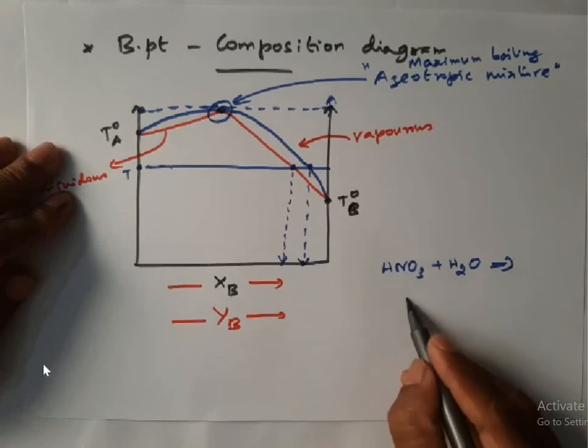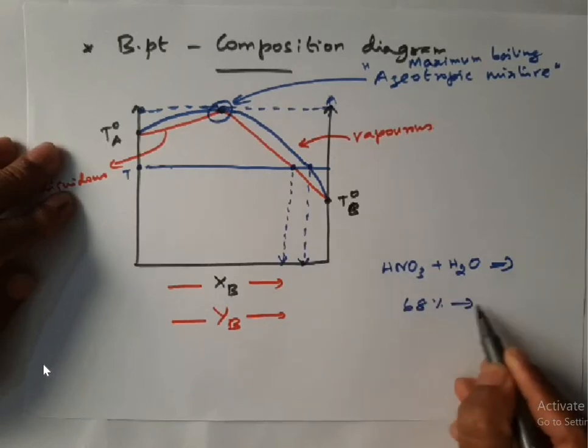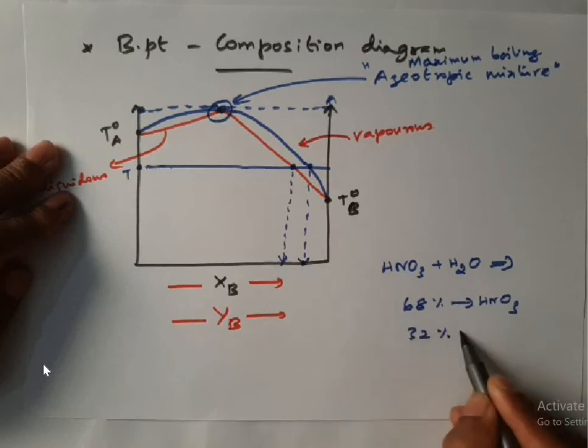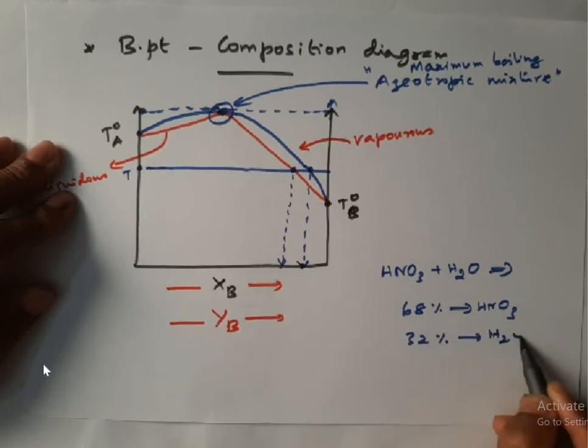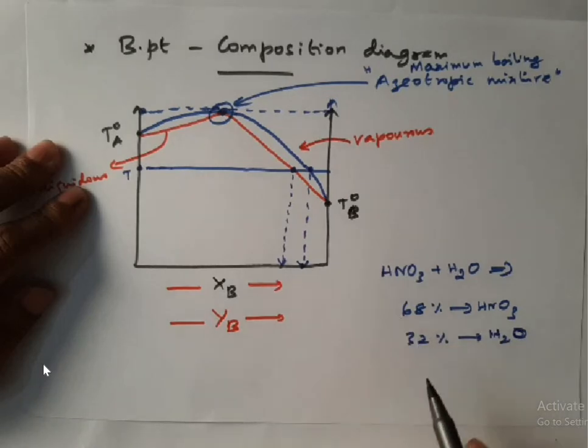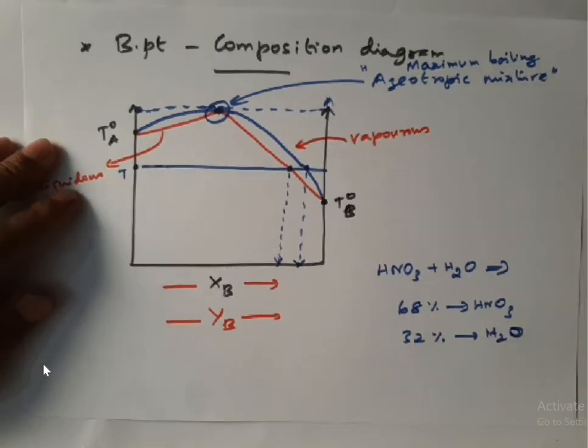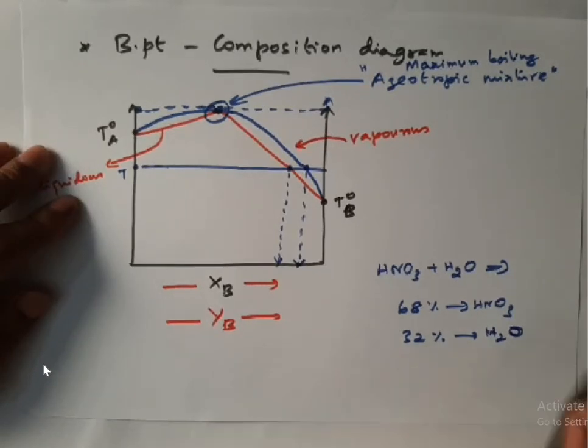Whenever a mixture contains 68% by mass of nitric acid and 32% by mass of water.